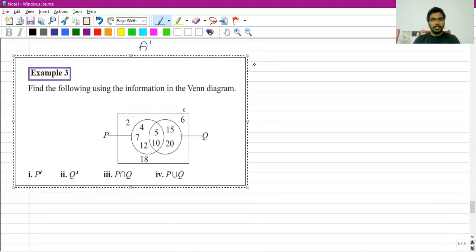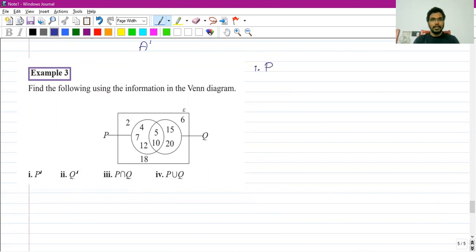Okay, first one, P dash or complement of P. This is the circle with the elements which belong to set P. So outside of this circle, these are the elements that do not belong to the subset P. You have to write all the elements which are outside this circle P. So you can take 2, 6, 15, 18 and 20.